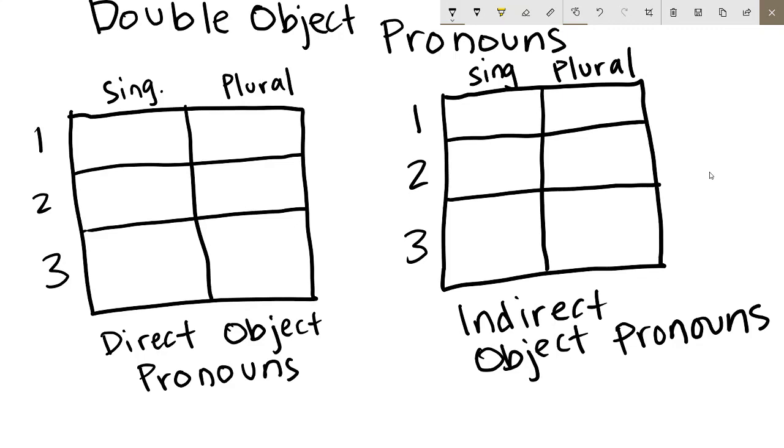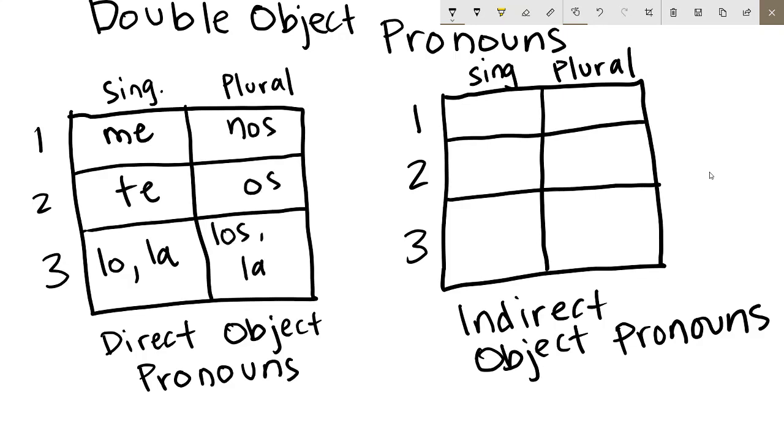Alright, so for direct object pronouns, we have me, te, lo, la, nos, os, los, las. For the indirect object pronouns, we have me, te, le, nos, os, les.